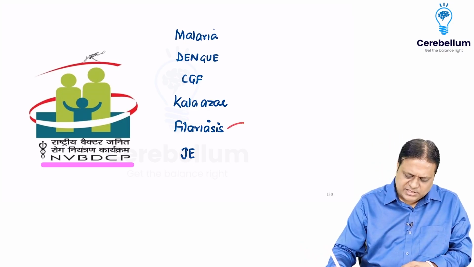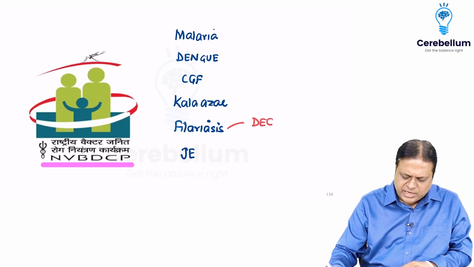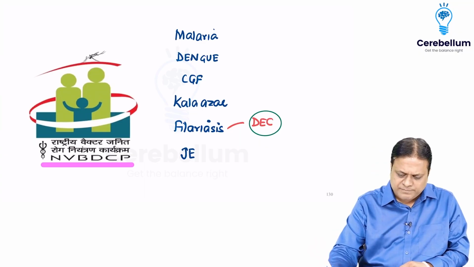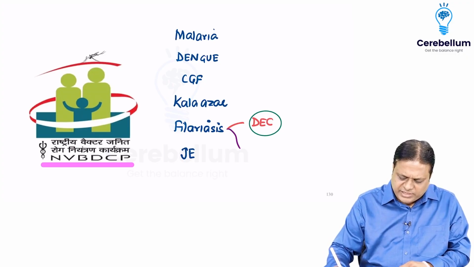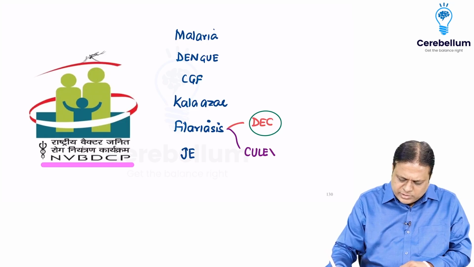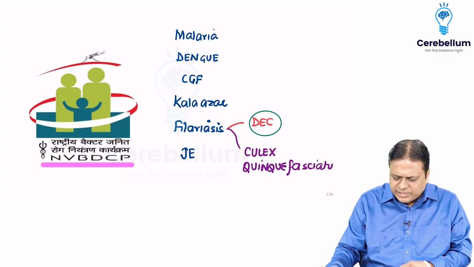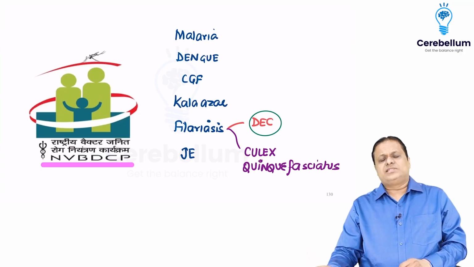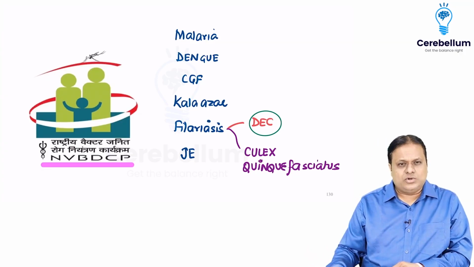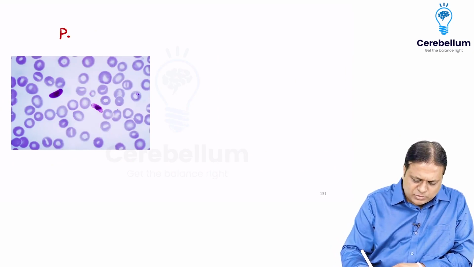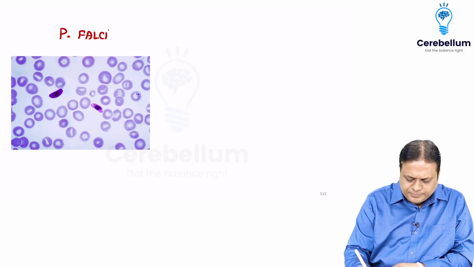For filariasis, the drug of choice is diethylcarbamazine. Peripheral blood smear taken just before midnight is used for diagnosis. And in lymphatic filariasis, Culex quinquefasciatus is the vector, commonly known as Culex fatigans. Brugian filariasis is transmitted through Mansonia mosquito. Now looking at this is Plasmodium falciparum.